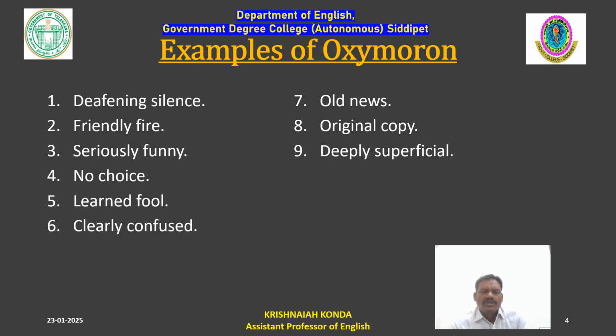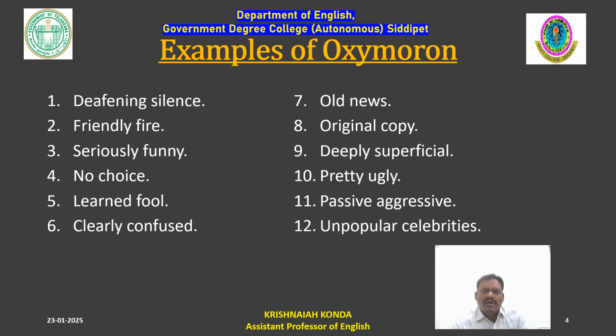And the next one is pretty ugly. This phrase combines attractiveness and unattractiveness to describe something strikingly unattractive. And passive aggressive. This is also an oxymoron. Here, someone expresses aggression indirectly while appearing passive.